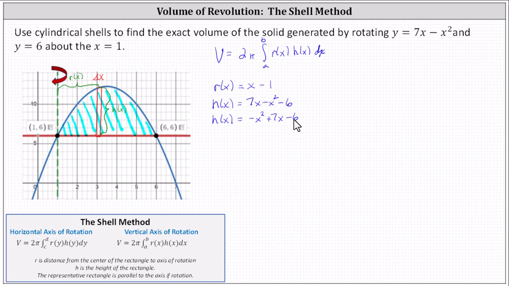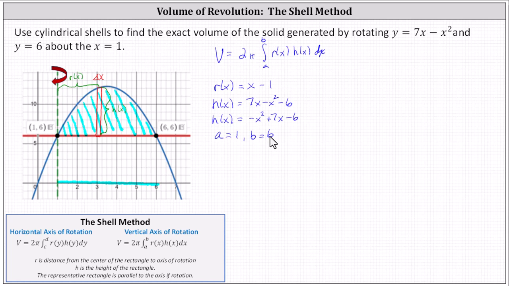And then we can tell from the graph the limits of integration are going to be from x equals 1 to x equals 6, which indicates a equals 1 and b equals 6. If we weren't able to determine the exact values on the graph, though, we'd have to set the two functions equal to each other and solve for x.